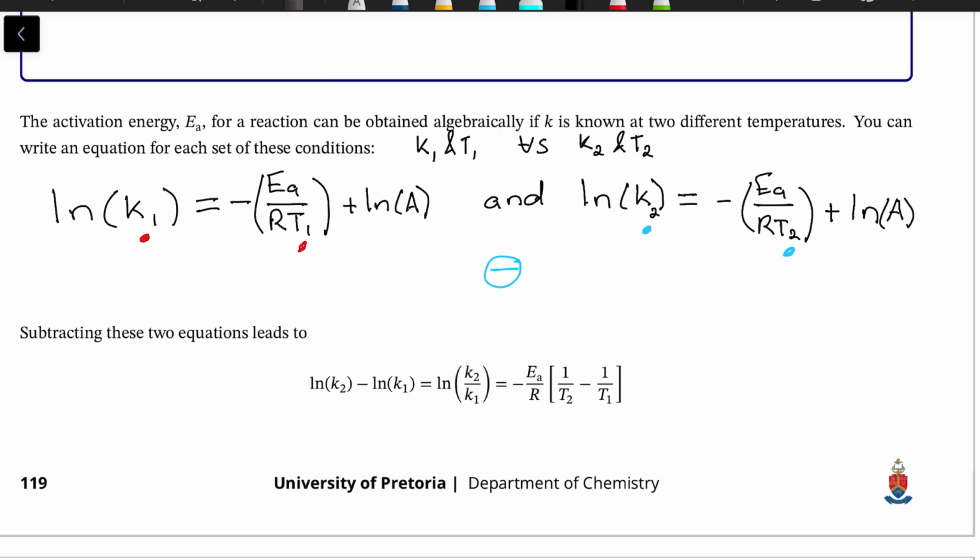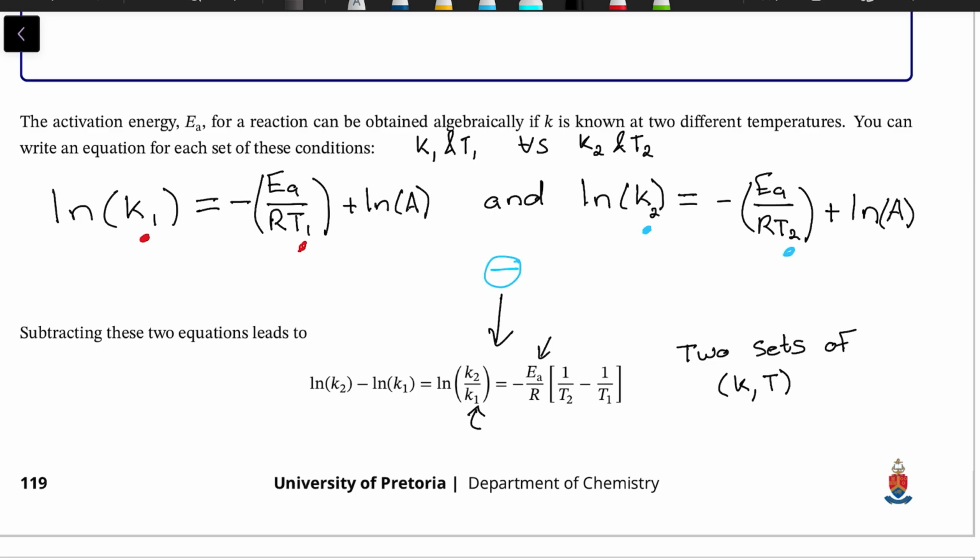And if you subtract those two things from each other, you can get an expression to calculate the activation energy. Or if you know the activation energy, then you can calculate really anything else in this equation. So this is if you have two sets of k and T data.